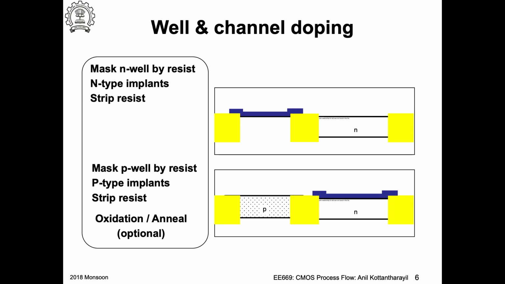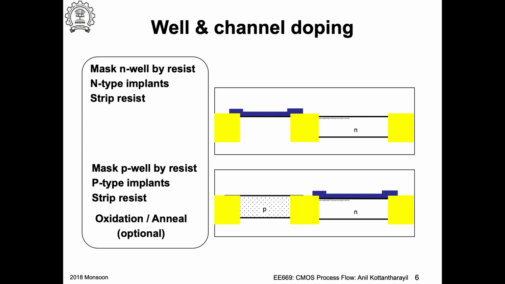But also, usually the doping of the wafer may not be suitable for your N-channel transistors, in the sense that the concentration of the dopants may not be the right one. So you would create what are called wells for making the two types of transistors. You would create an N well for making the P-channel transistors, and also a P well for making the N-channel transistors.